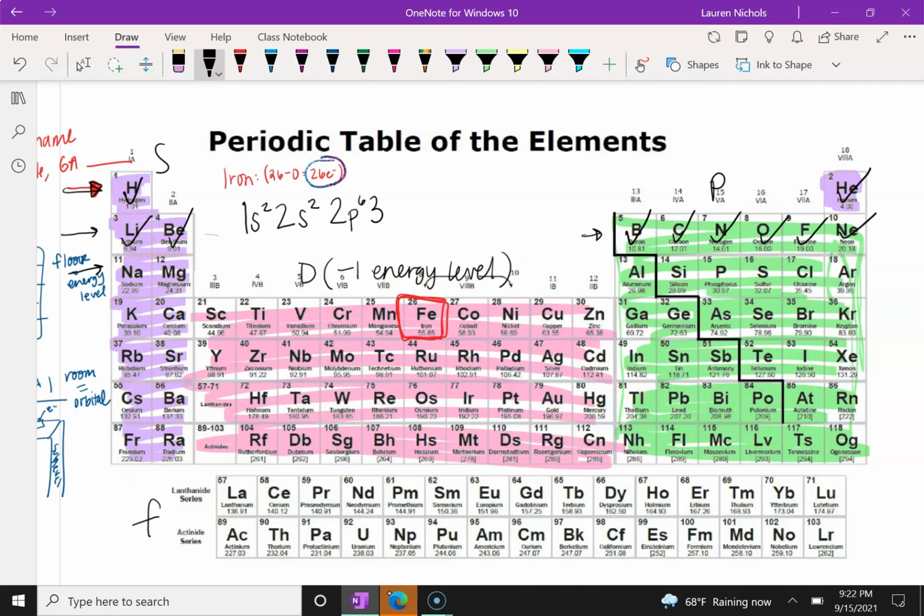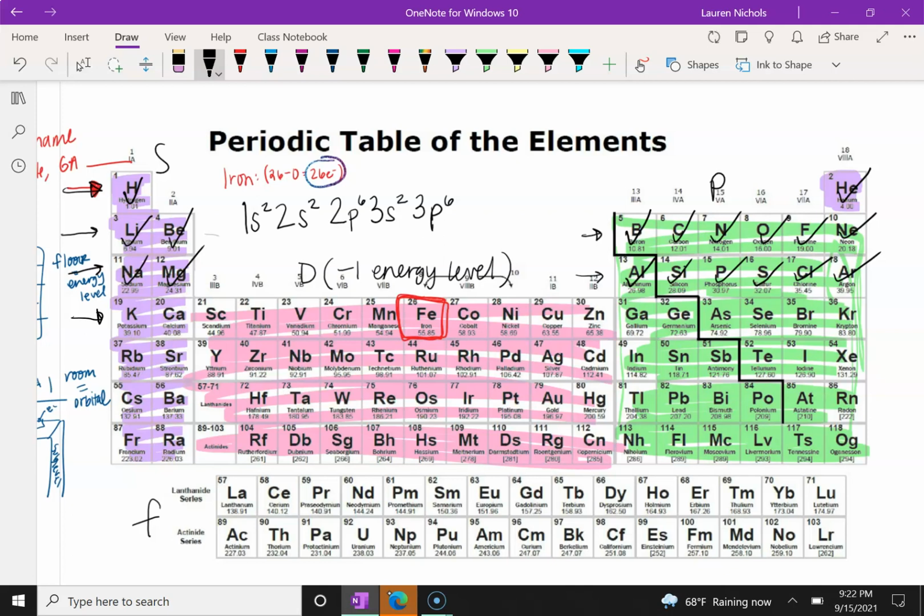And I'm on row 3, section S. And I put 2 of them. Okay, and then I keep going across row 3. And now I'm at where aluminum is. I'm still on row 3, but now I'm in section P. And there's 1, 2, 3, 4, 5, 6 electrons that can fit there.